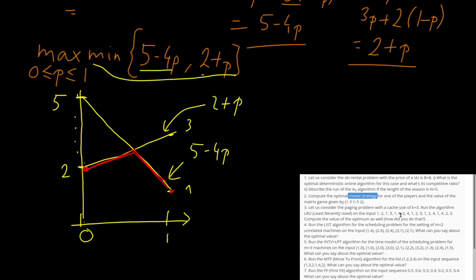And since you have to maximize this red line, you just have to compute this point, which of course happens exactly where 5 minus 4p equals 2 plus p. If you do the computations, it gives 5p equals 3, so p is 0.6.